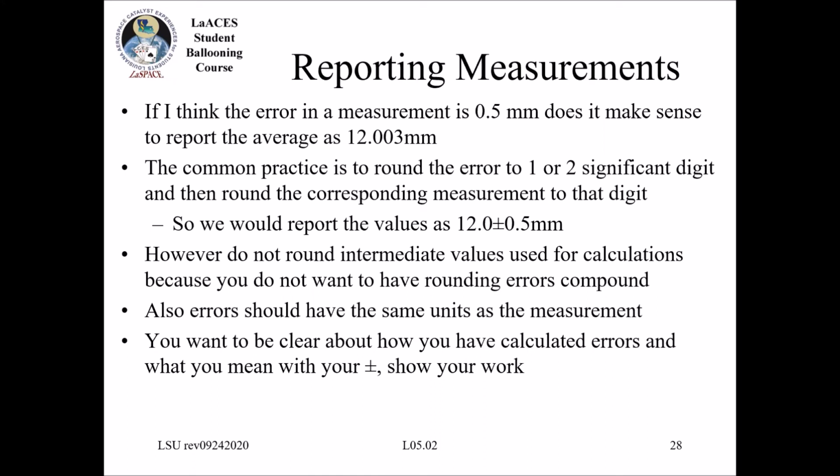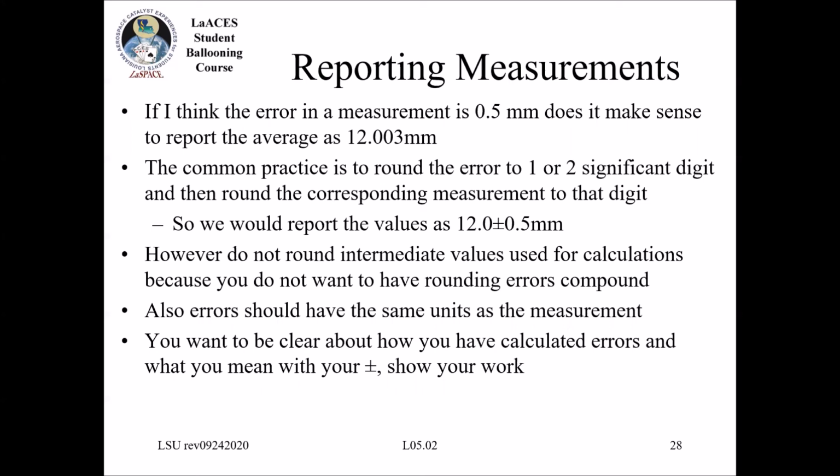Those decimal places that are way smaller than the error are pretty meaningless because you've already said, I don't really know if it's 12.5 or 11.5. So the 0.003 is something that you can just drop.